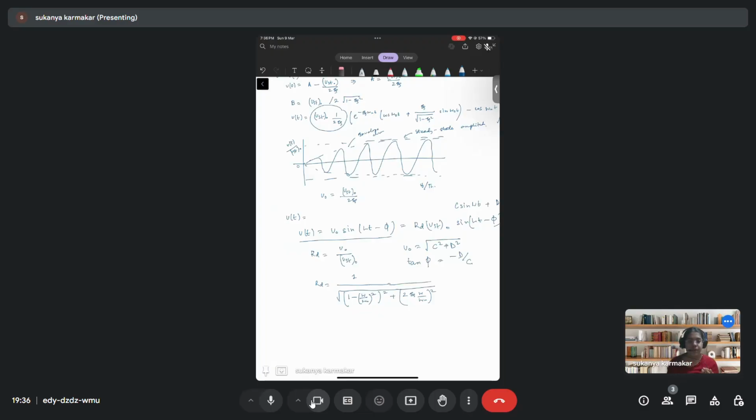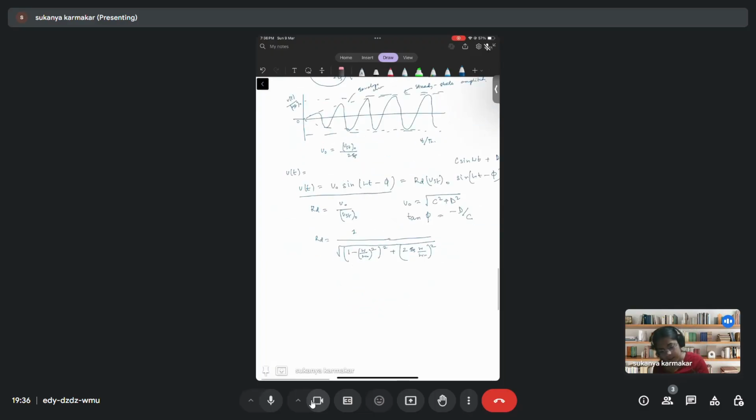This is how you calculate the value of Rd, and phi will be tan inverse of, substitute the value of d and c, 2 zeta omega by omega n by 1 minus (omega by omega n) whole square. So you just have to calculate the equations properly and substitute it.